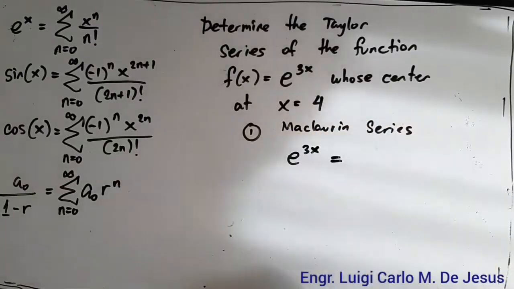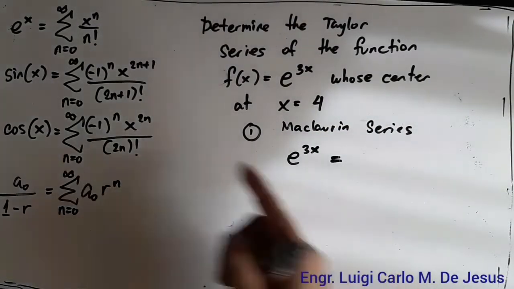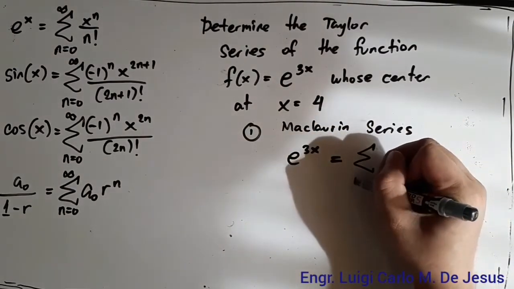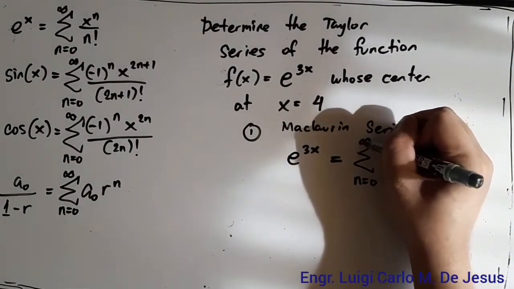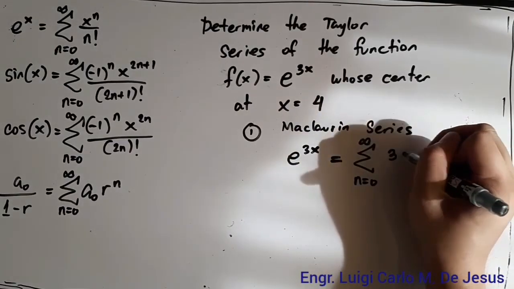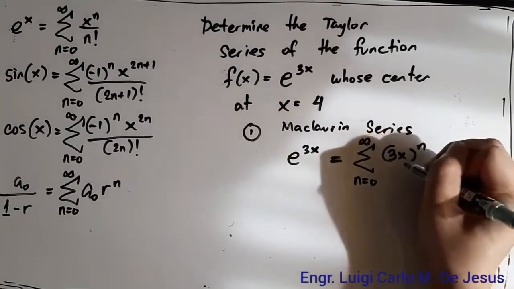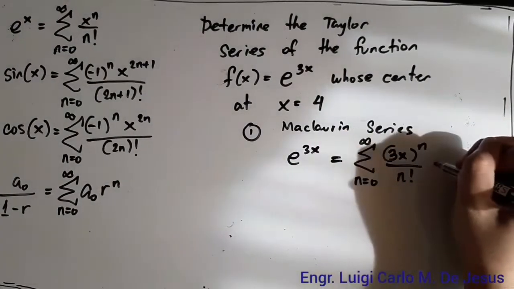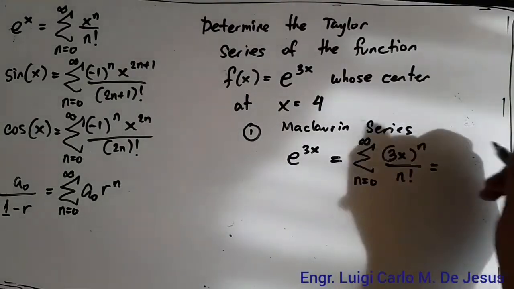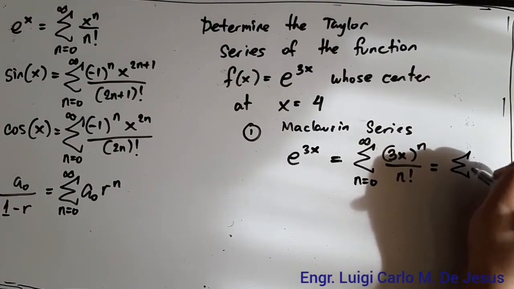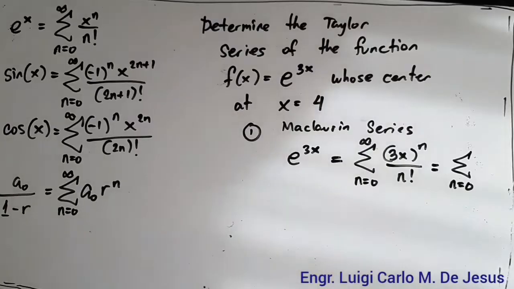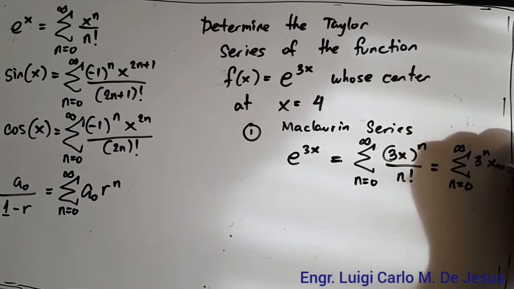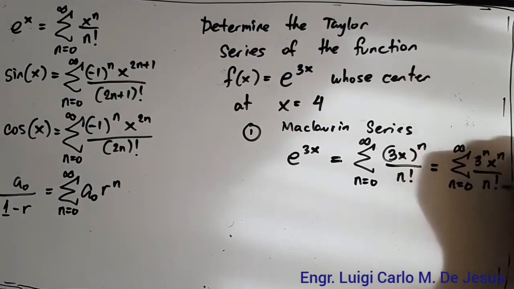This is equal to, by using the e sub x there, the summation of n equal to 0 up to infinite of 3x raised to n all over n factorial. By distributing the exponent n, we could clearly say that this is summation of n equal to 0 up to infinite of 3 raised to n, x raised to n over n factorial.